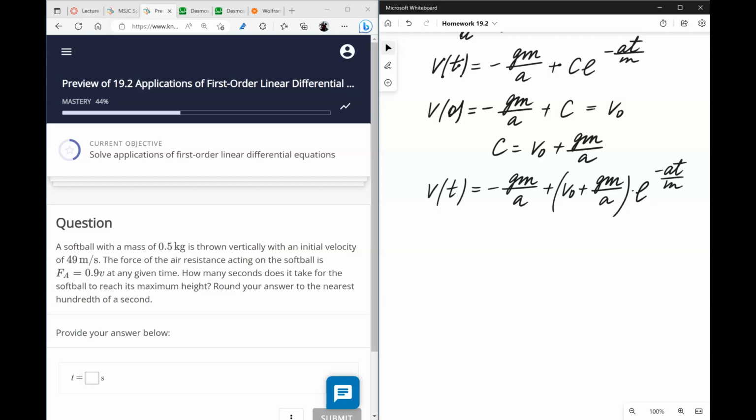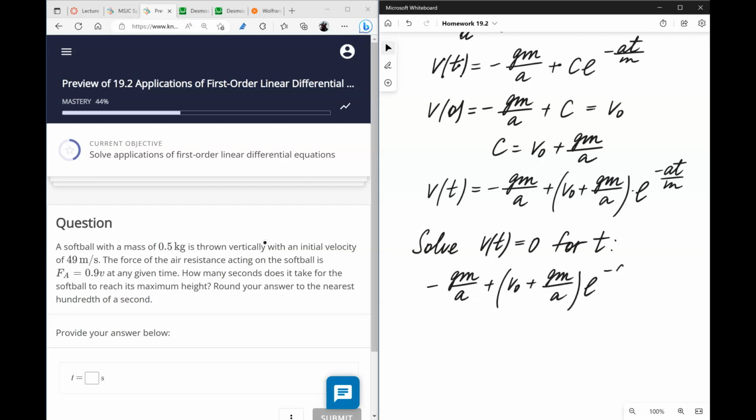And now the question was to find the maximum height. So we have to solve this equation for t. So we're going to set this equal to 0, and we need to find t.